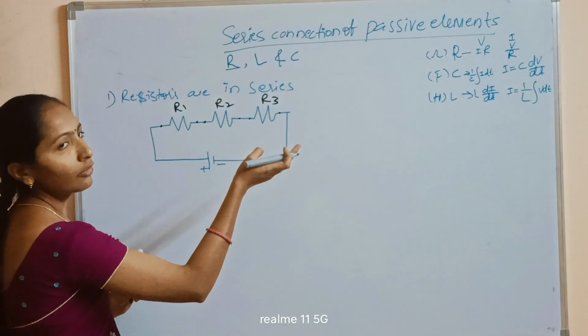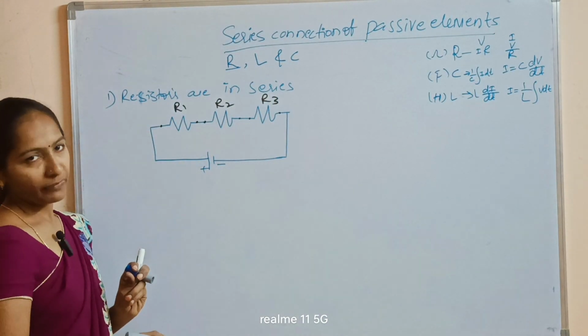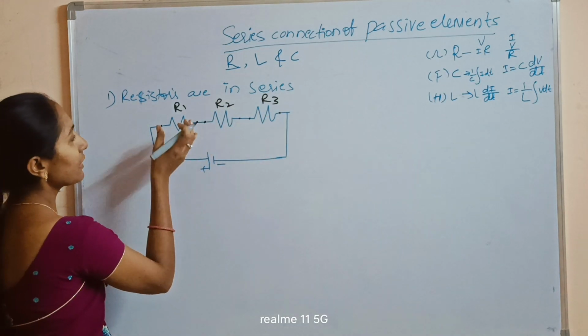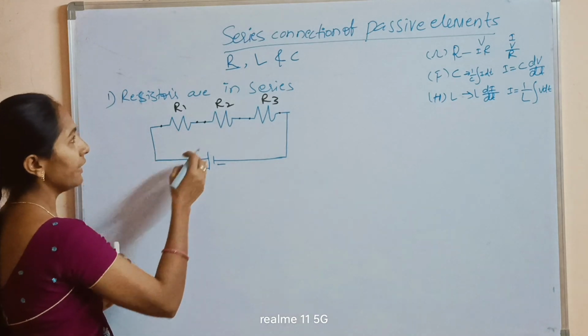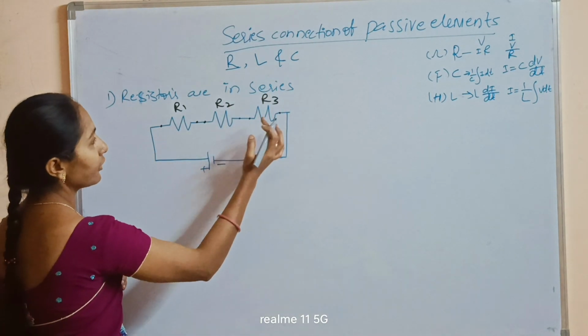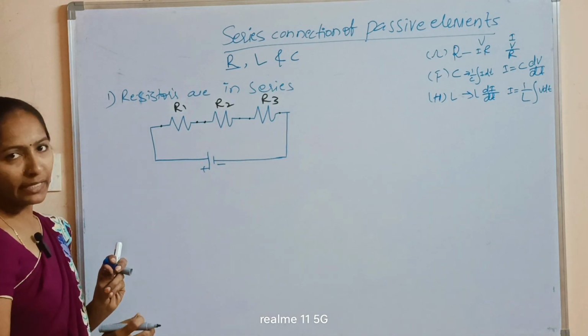Like that it goes on and is connected to a supply. Then it forms a closed path. Now R1, R2, R3 are series connected through a DC supply.